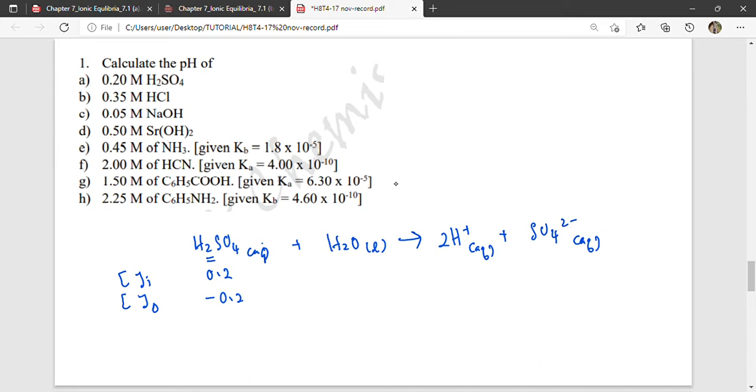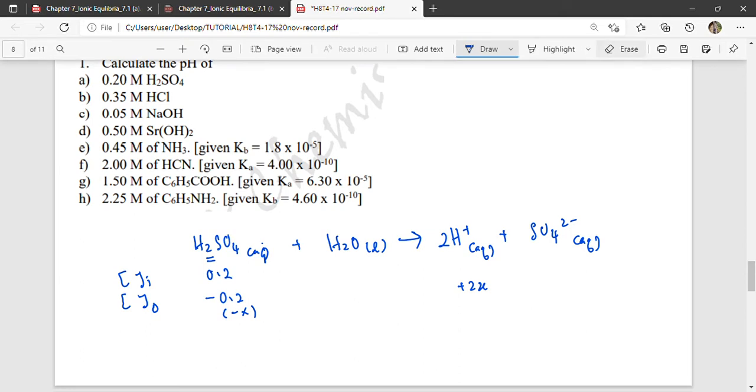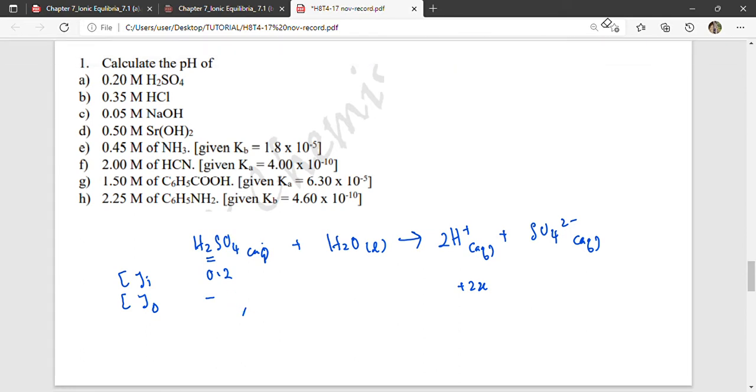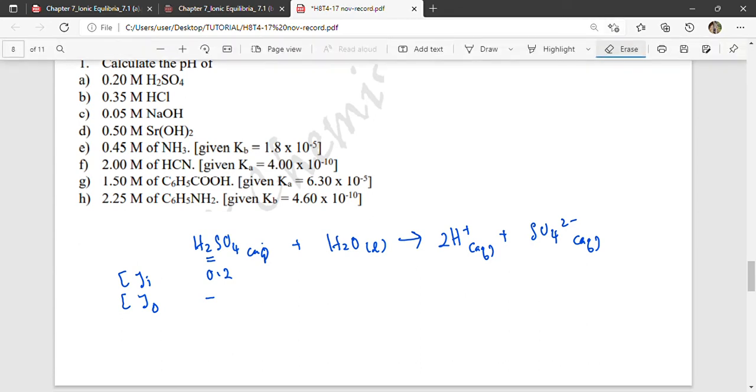So 0.2 minus X, and this one will be plus 2X. Wait, I think we need to do another method before you grab the concept.